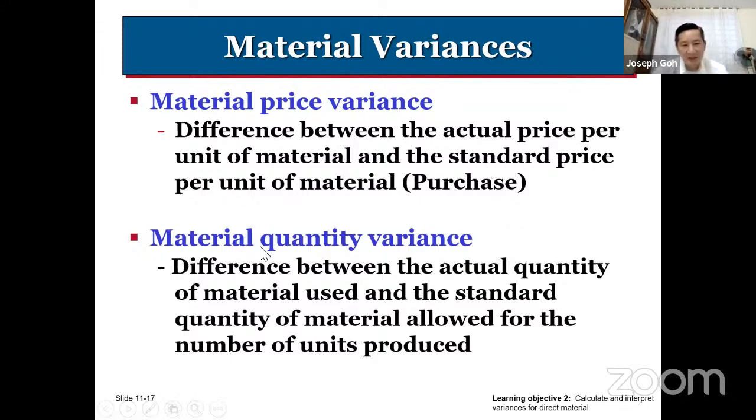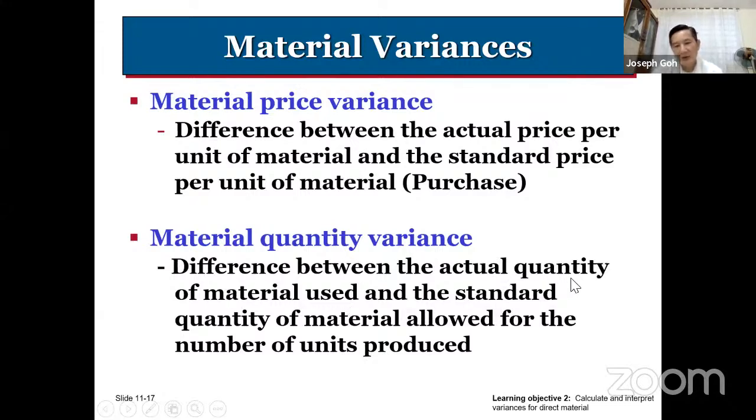So the next is the material quantity variance. It's the difference between the actual quantity of material used. That means to produce final product A, you set a standard of 1,000 kg of veggie, but the actual quantity of material used is 1,001 kg.